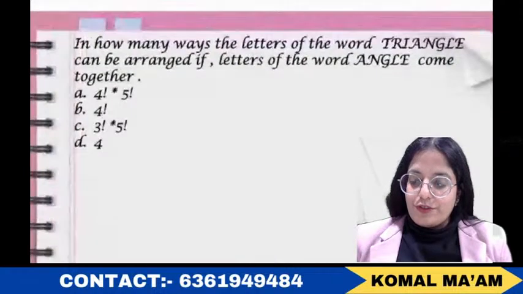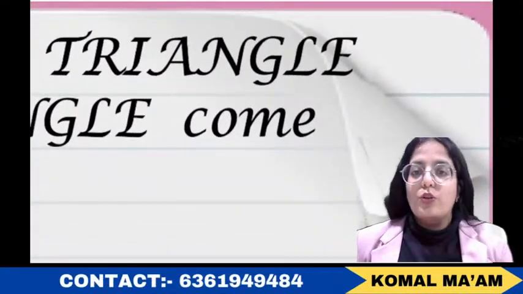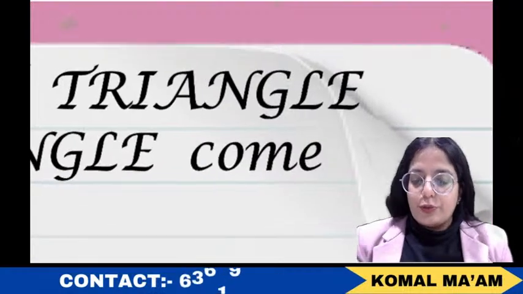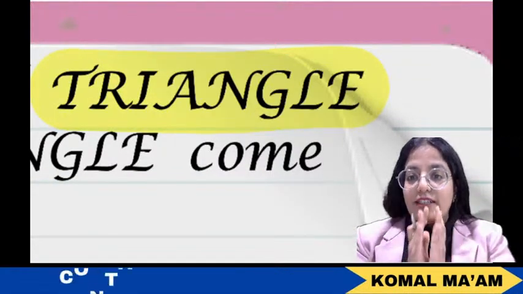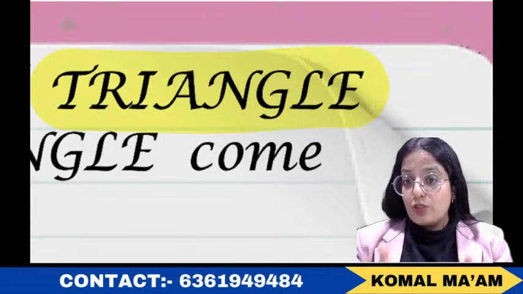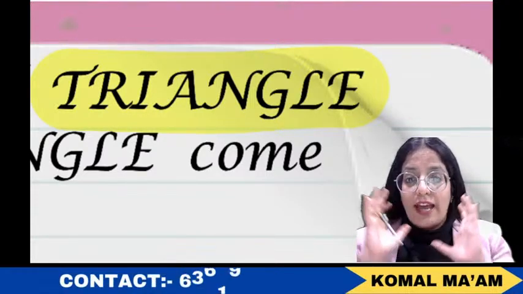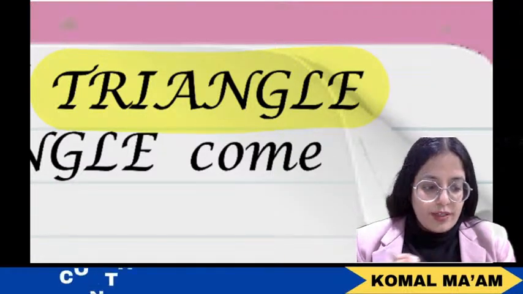What was the first step that I told you to follow in the previous class? You need to first check whether we have any repetition of the item, article or letter. Here we have letters, so we need to check whether there is any repetition. I believe it's very clear there is no repetition, guys.